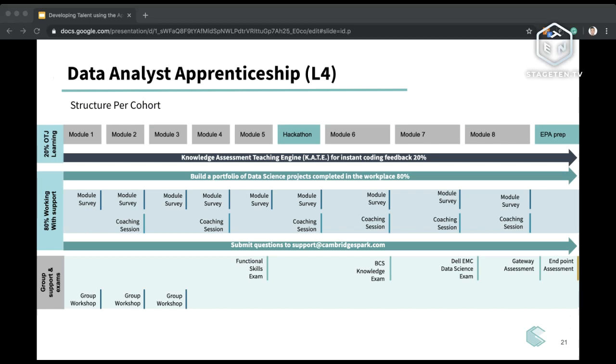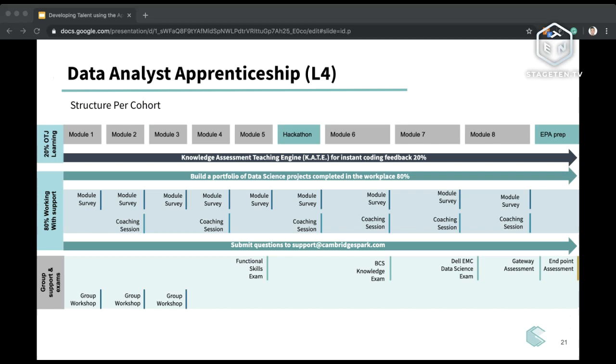We have a hackathon in the middle where you can put all your skills to the test, work collaboratively, interact with colleagues, share and exchange ideas. And that's in the middle. We've got more theory, we've got preparation for some exams in there, and all the way through that, we're using our platform Kate for instant coding feedback. Together, that will count for most of the 20% off the job training.